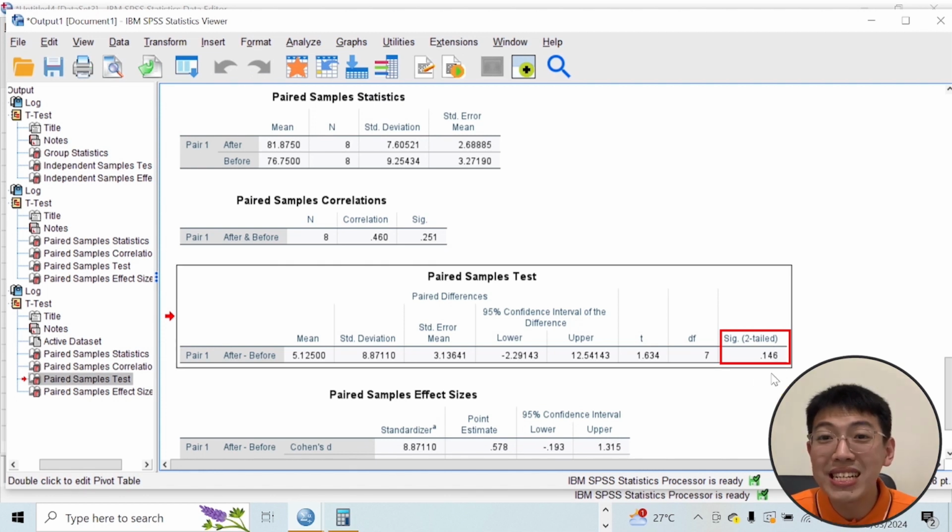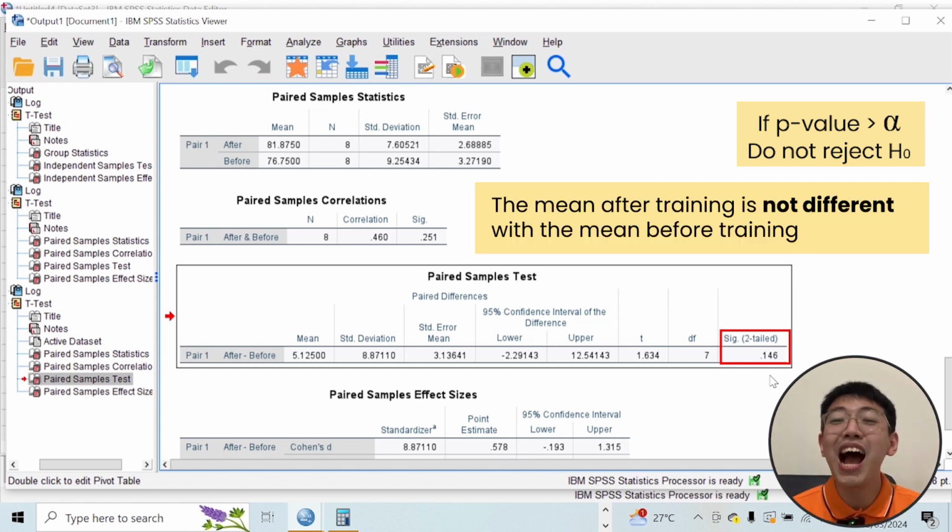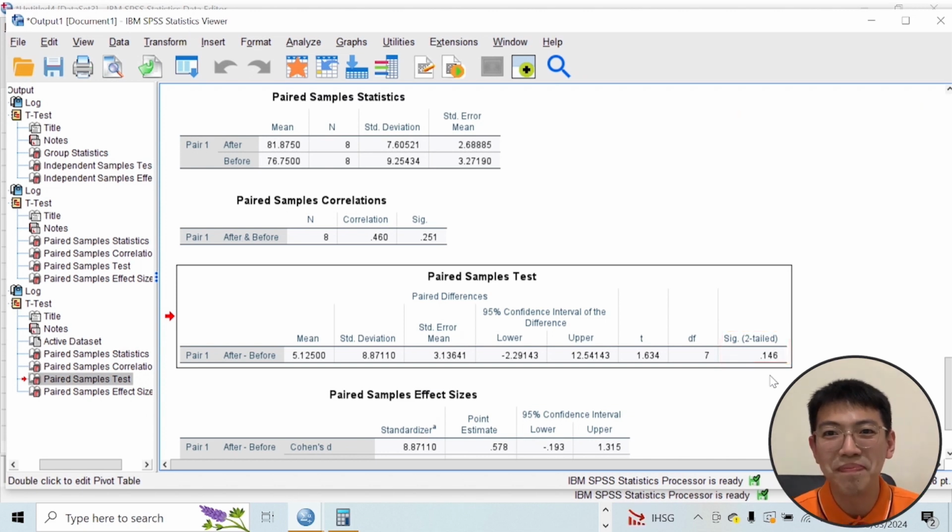If the p-value is higher than the significance value, we should not reject H0. Therefore, we can conclude that the mean after training is not different from the mean before training. So, we can say that the training is not effective yet, right?